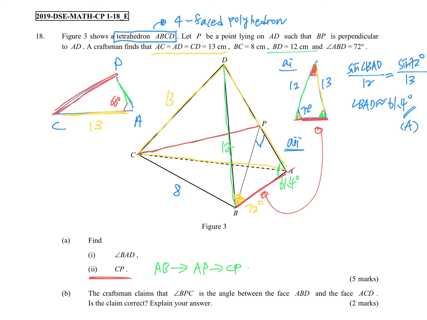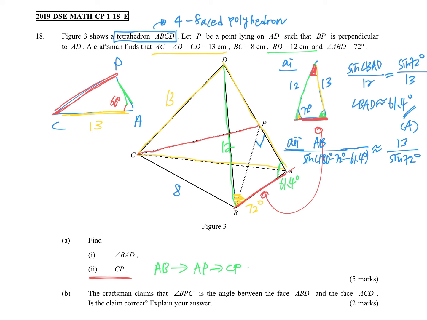So AB over sine of (180 degrees minus 72 minus 61.4) equals 13 over sine 72.